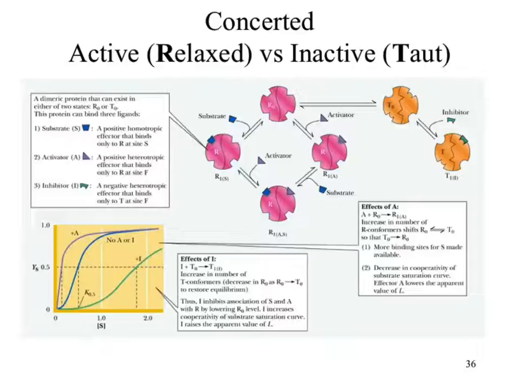What happens to the concentration of the relaxed form? It decreases. It's been removed from our enzyme reaction. If it's been removed, what then happens to that equilibrium? It shifts to form more relaxed, which means we've got a balance between our inactive and our active form.